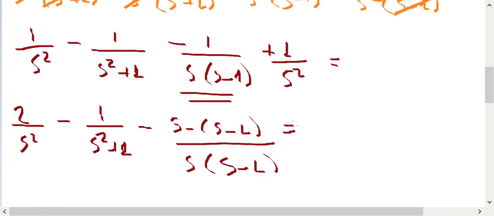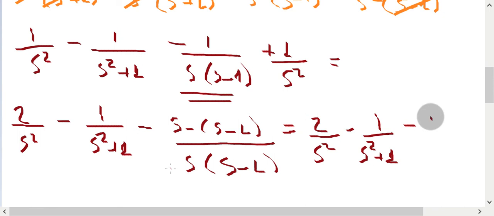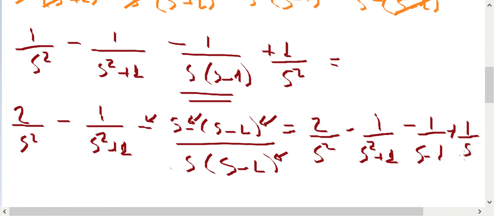That will be equal to 2 over s squared minus 1 over s squared plus 1 minus 1 over s minus 1 plus 1 over s, because the s will simplify, this s minus 1 will simplify, and this minus sign will become a plus sign.